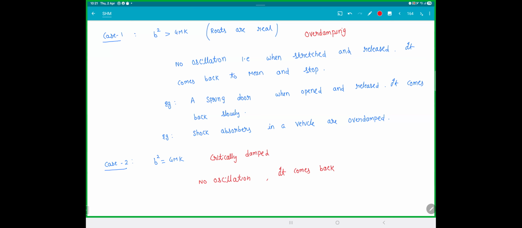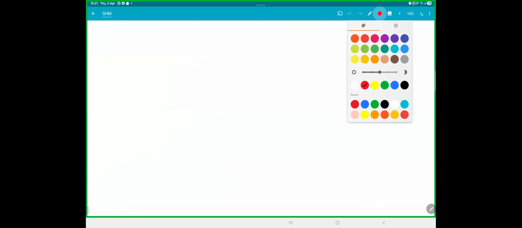So this is also an overdamped case, but this will happen in the least amount of time. It comes back to mean in least time. So if I try to plot the graphs for these two, this is how it looks.